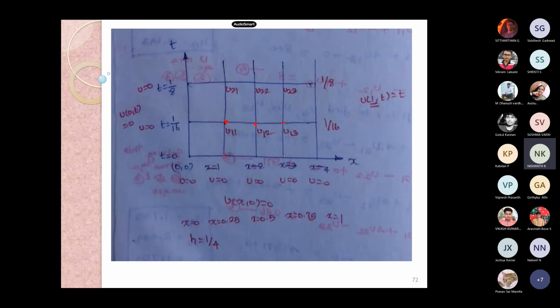Then when we are concerning about u13, minus u12 plus 4 u13 minus 1 by 16 is equal to 0 plus 0.